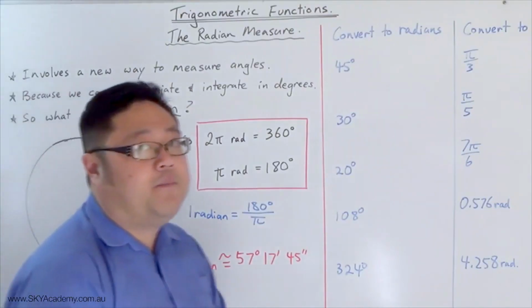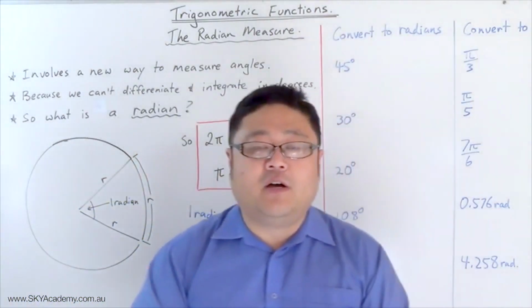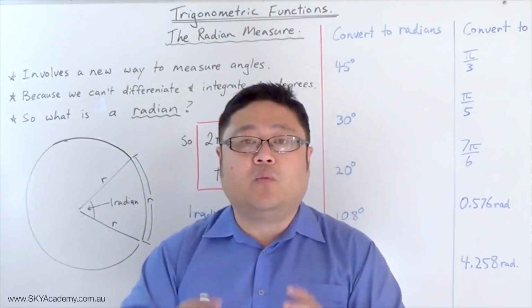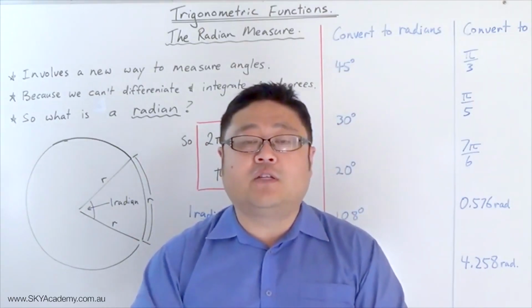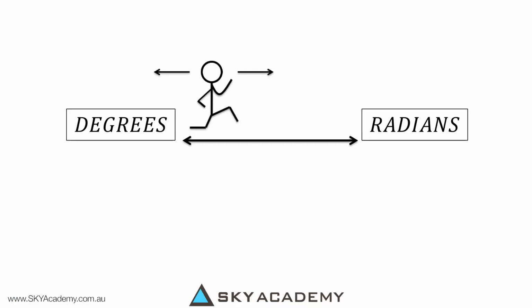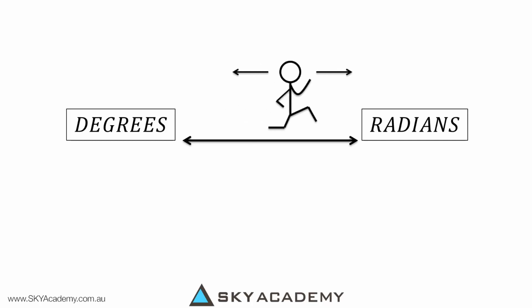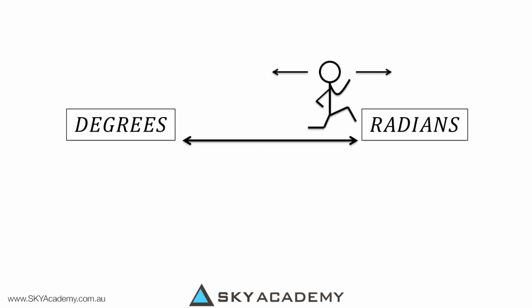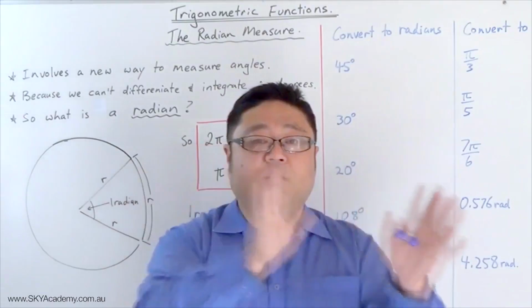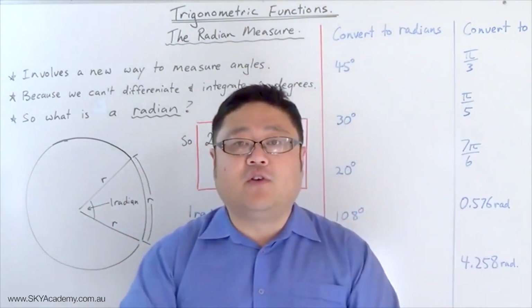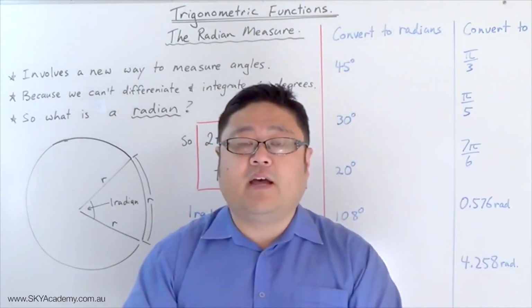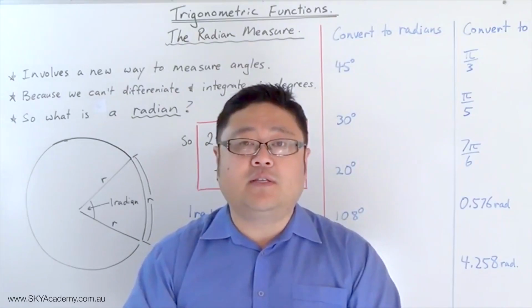Oftentimes when you're working in radians, you've got to be able to move fluidly from degrees to radians, and vice versa, from radians to degrees. So you've got to be able to convert between the two units.